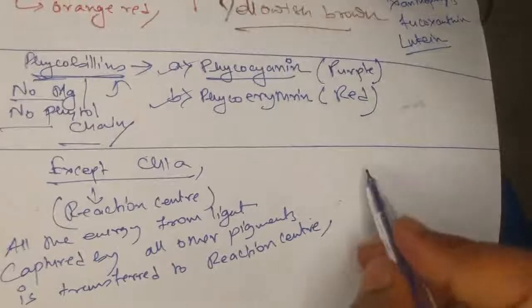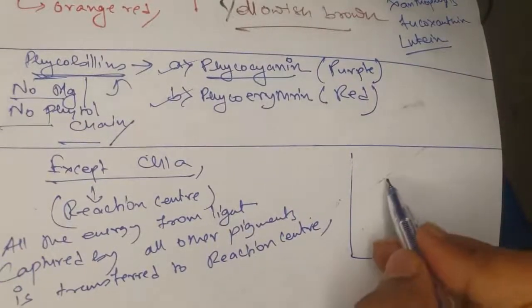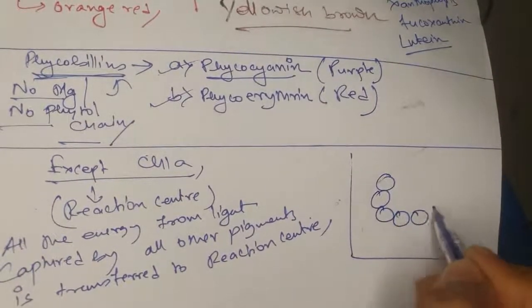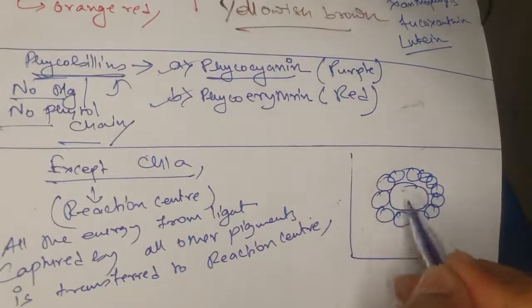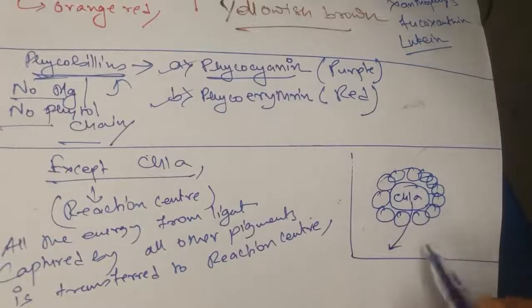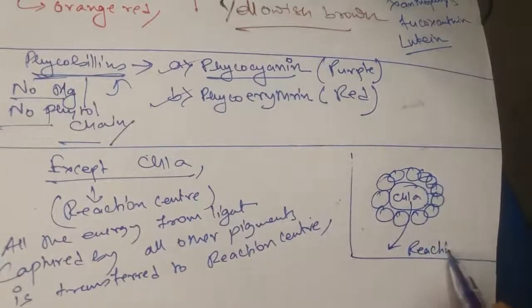Suppose for example there are lots of accessory pigments, and in the middle there is chlorophyll A. This chlorophyll A becomes the reaction center.